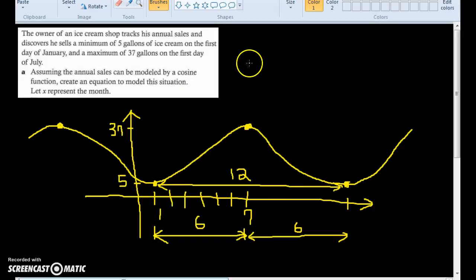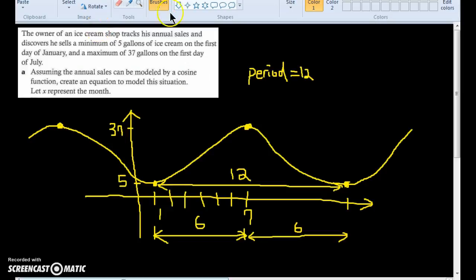So my period is equal to 12. This question is a bit tricky, where they only give us the January and the July. That will give us half of the period, so from there we figure out the full period, which is 12.